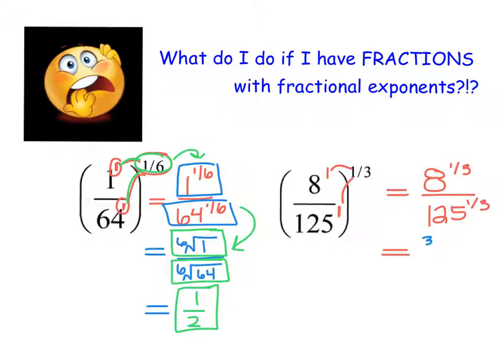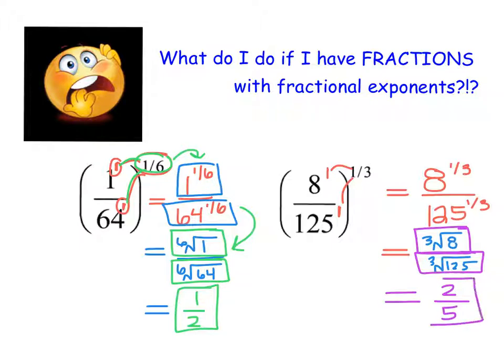So I have the cubed root of 8 over the cubed root of 125. And then from here, I'm going to rewrite these and solve them one root at a time. So what times itself 3 times, or what to the 3rd power gives me 8? Well, that would be 2. And what to the 3rd power, or what times itself 3 times gives me 125?